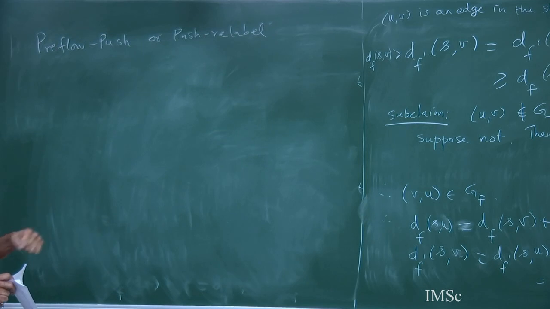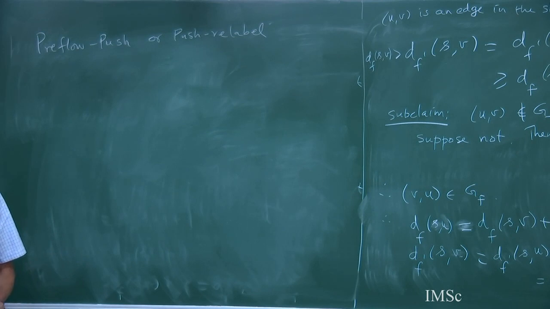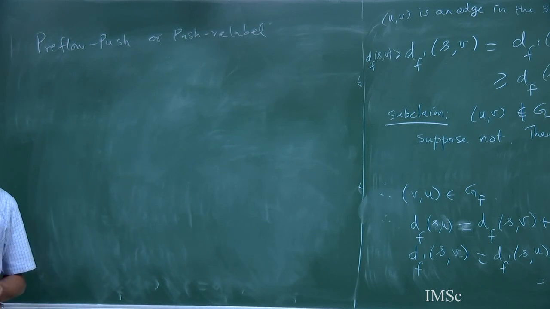In these type of algorithms, we are going to maintain the fact that residual network has no path. Okay, because that's where we want to get to. So we will maintain that. But what we will not have is a feasible flow. We gradually move towards feasibility. When we reach feasibility, we know that we have reached max flow.